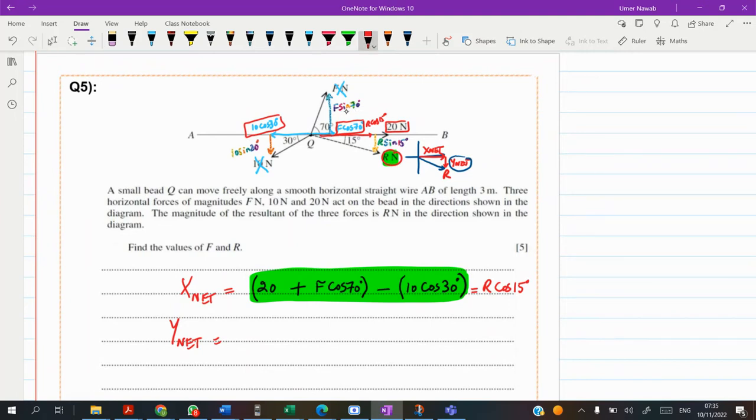Now I'm going to write the y net. Again, I will repeat, don't take this one positive because the net effect is downward. So I will write this force first, 10 sine 20, minus the upward force, which is F sine 70. It is equal to the y net for the resultant given in the question, that is R sine 15.